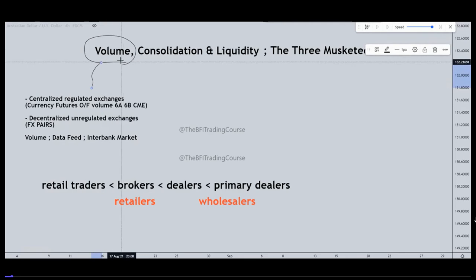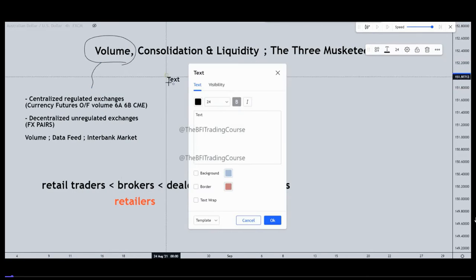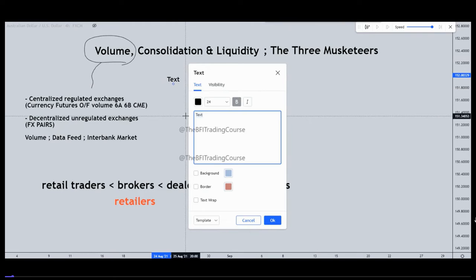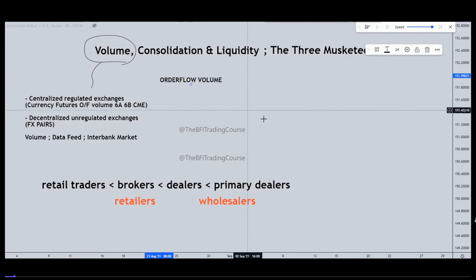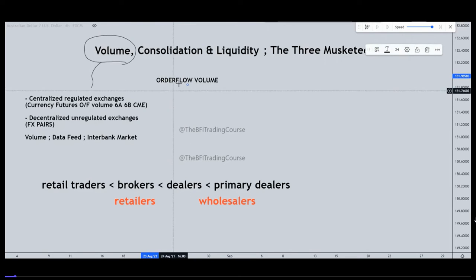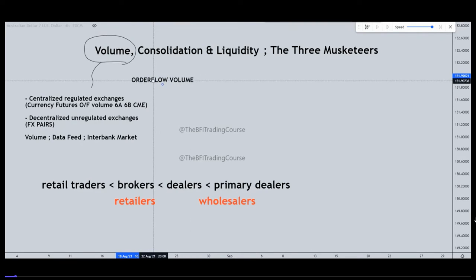Okay, volume, all we say is order flow volume, which is just the volume of orders flowing into an exchange. OFV, we call it, but there's certain volume of orders.